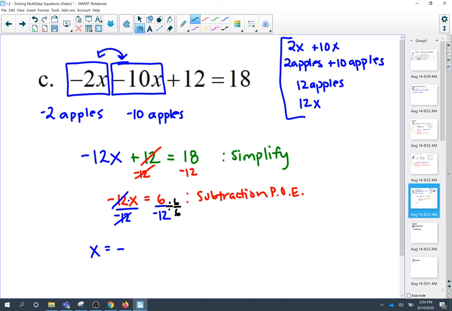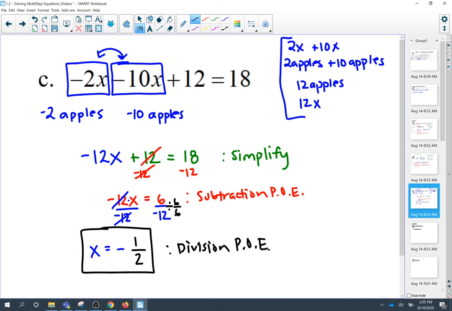So 6 divided by 6 is 1. 12 divided by 6 is 2. So 6 over 12 simplifies to 1/2. And more importantly, negative 1/2. Justification: we divided by negative 12. So I'm going to go with division property of equality.